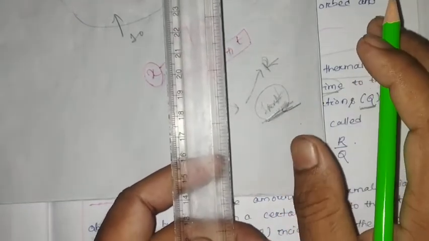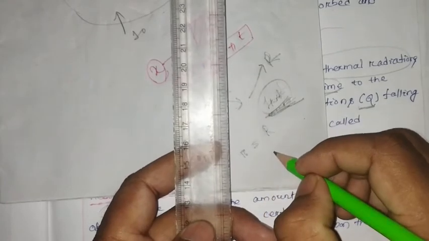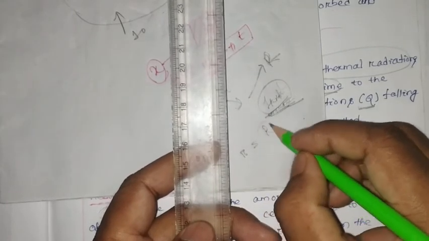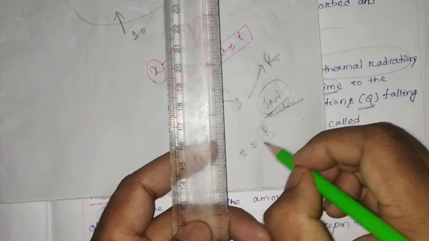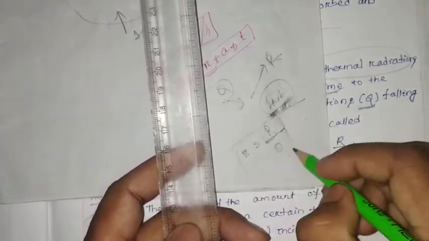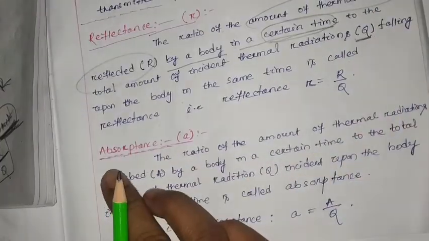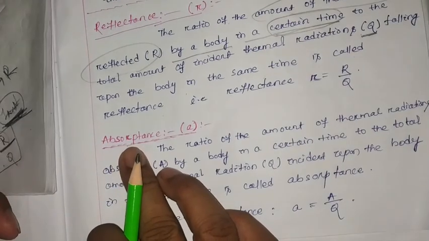Then the reflectance of this substance is how much radiation was reflected in that 1 minute divided by how much energy was incident in that 1 minute. This is nothing but the reflectance of the substance, right? In a similar manner, we can define absorptance.